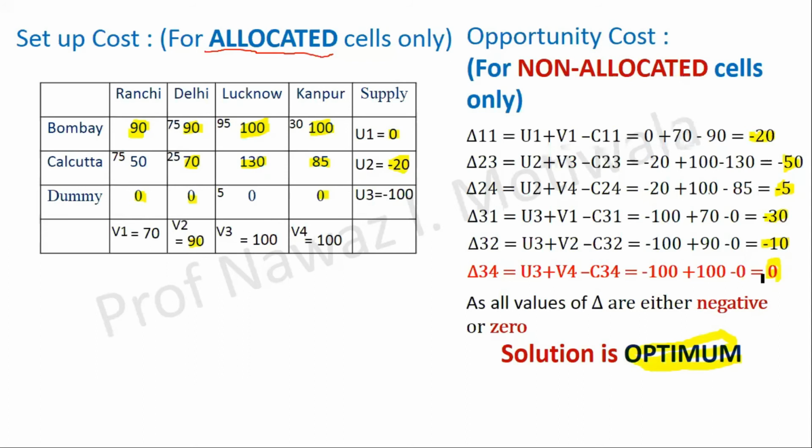there is a 0 appearing in the delta value, that implies that there also exists an alternate solution. Again, I repeat, if any value of delta comes out to be 0, what does that indicate?